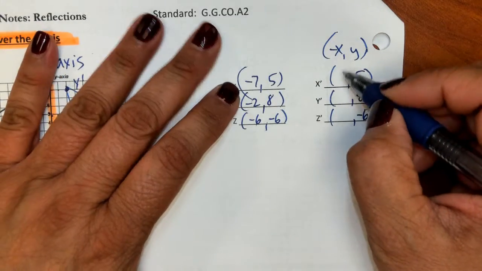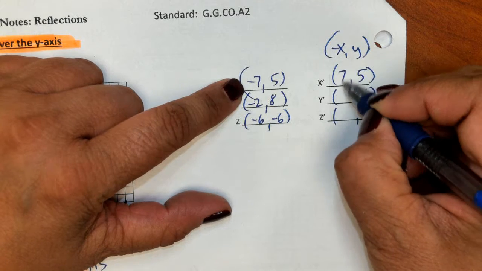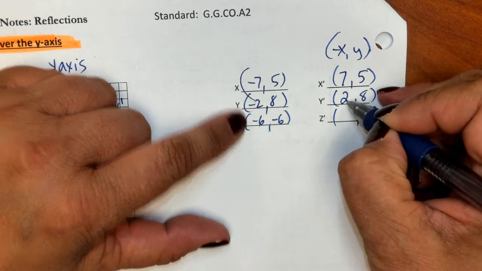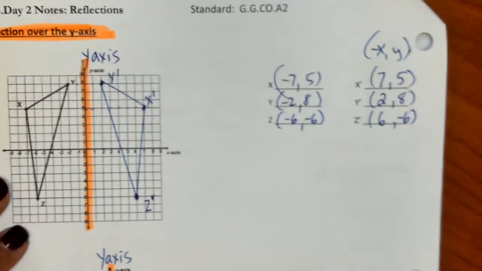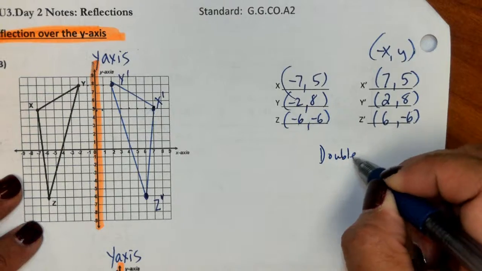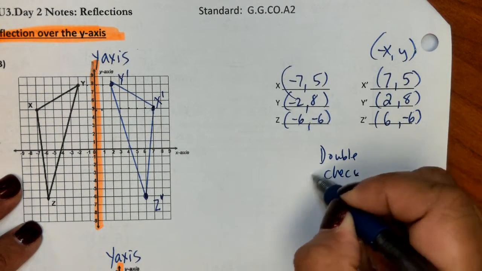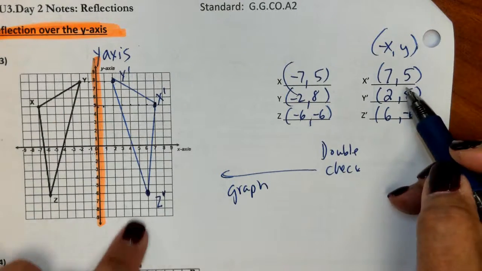Now here, you have to look at the -7. It's telling you to change the sign to 7. Change the sign to 2, +2, and change the sign to +6. Now, remember how I said I wanted to double check myself? Double check. Okay? That's by, go to the graph. Let's start with z prime.